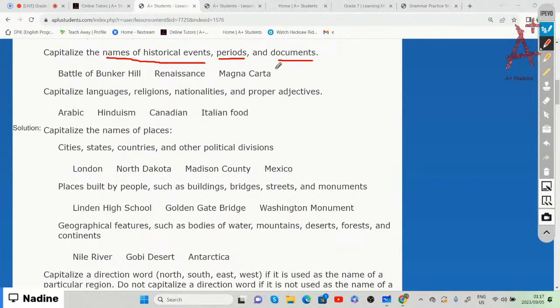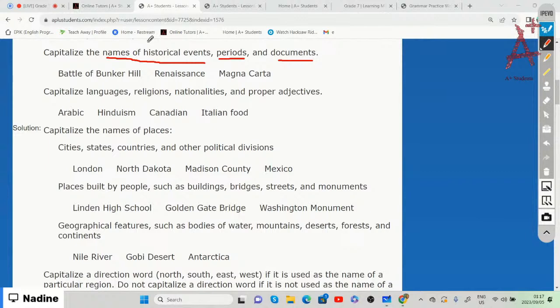So any historical event, things that are well known within history, we need to capitalize. And here we have a few examples: Battle of Bunker Hill, Renaissance, Magna Carta. All right, we capitalize it.